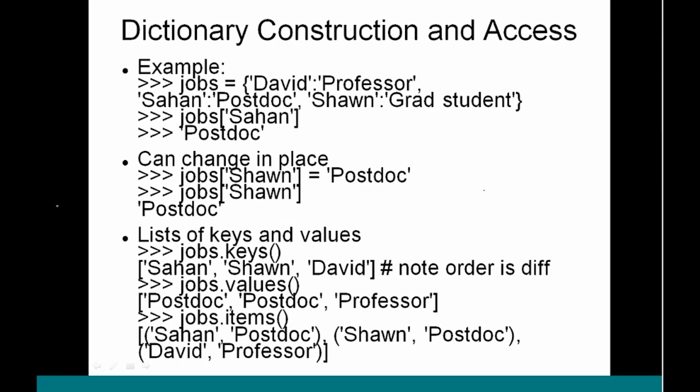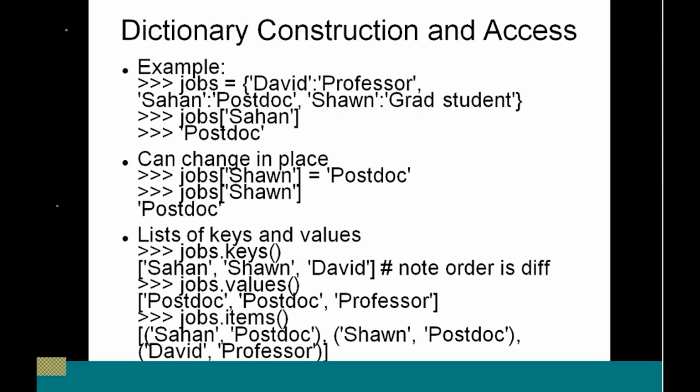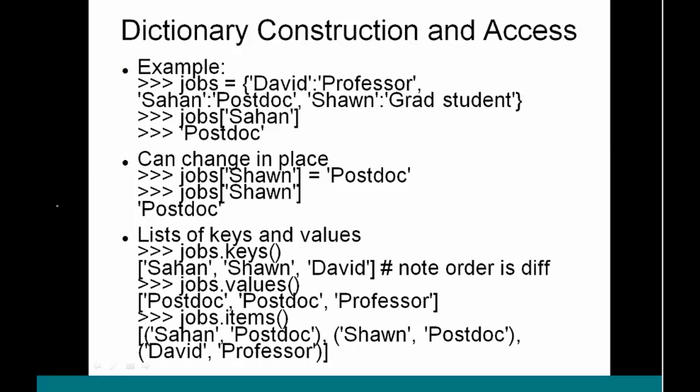So let's look at some examples of a dictionary. Here in this example, we create jobs: David is professor, Sahan is postdoc, Sean is grad student.